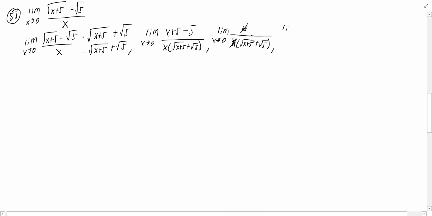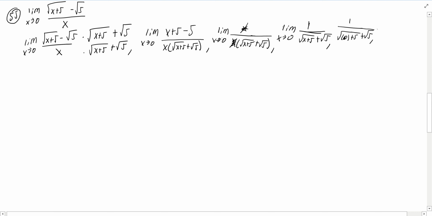And we're going to end up with the result of the limit as x goes to 0 of 1 over the square root of x plus 5 plus root 5, like so. And then what's going to happen is we are now going to be able to do some direct substitution. So we're going to get 1 over the square root of 0 plus 5, and then plus root 5.